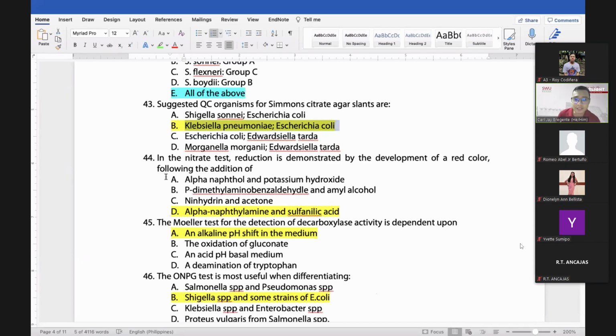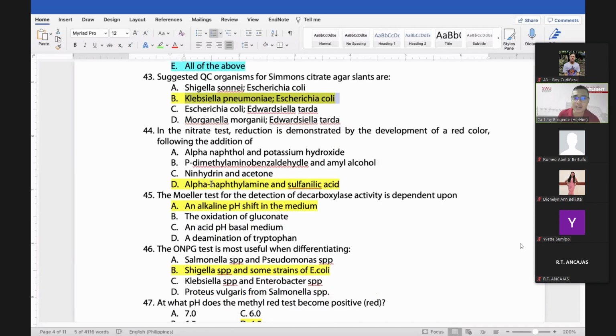44, in a nitrate test, reduction is demonstrated by the development of red color following the addition of letter D, that's alpha-naphthylamine and sulfanilic acid. Alpha-naphthol and potassium hydroxide, this is not the correct answer because these reagents are added when you do methyl red and Voges-Proskauer testing, your MRVP. Say para-dimethylaminobenzaldehyde and your amyl alcohol, this is the composition of your Kovac's reagent.